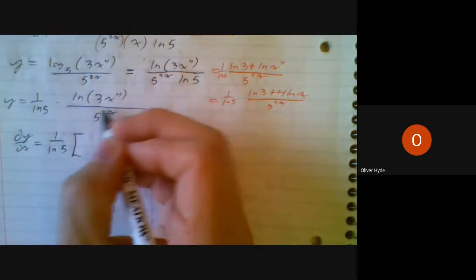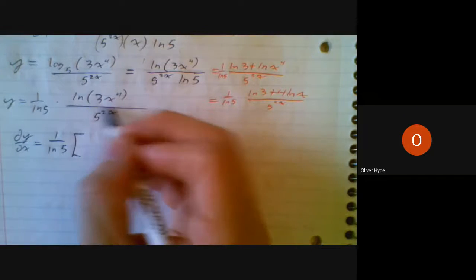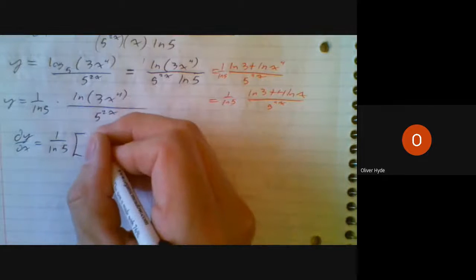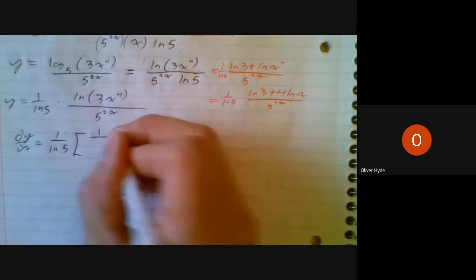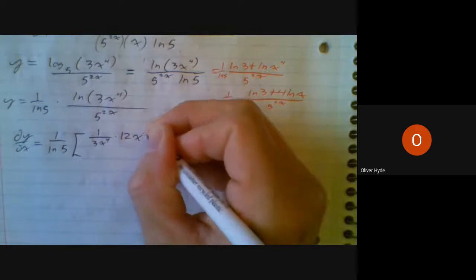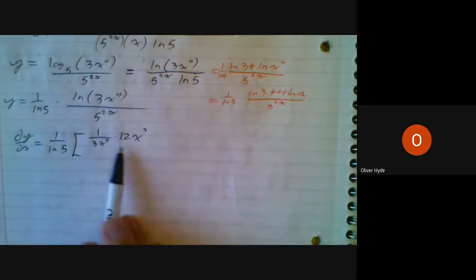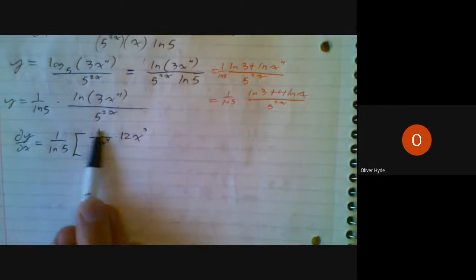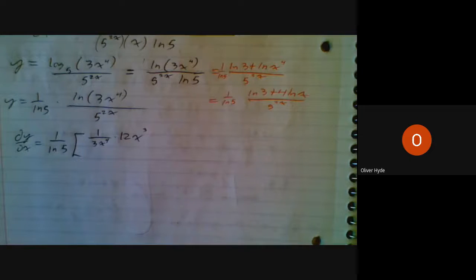The derivative of the natural logarithm of a power with respect to the power is the reciprocal of that power. Then I need to multiply by the derivative of that power. The derivative of that power with respect to x is 12x cubed. I might try to maybe write this up in the numerator next time I see a function like this, but I don't know. I'm going to be tidying up anyways.